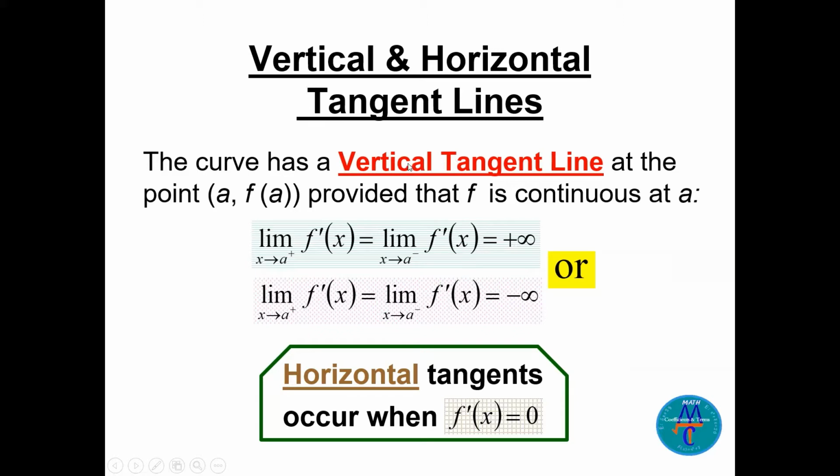So we can say the curve, the graph, has a vertical tangent.